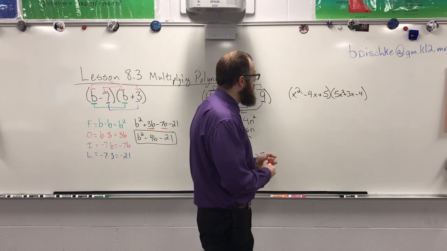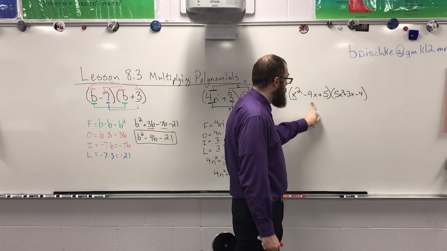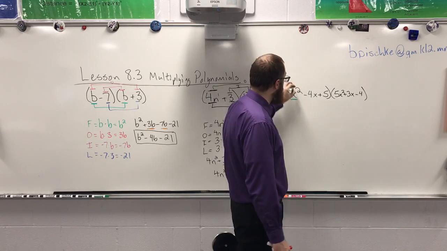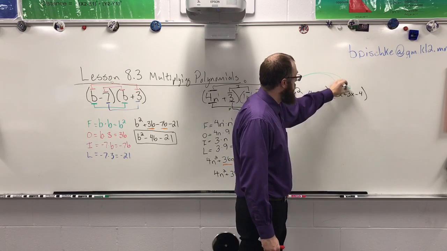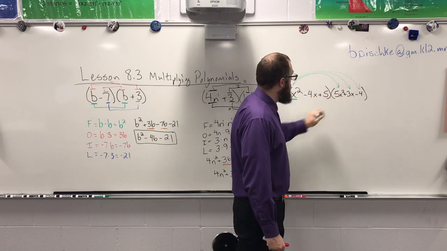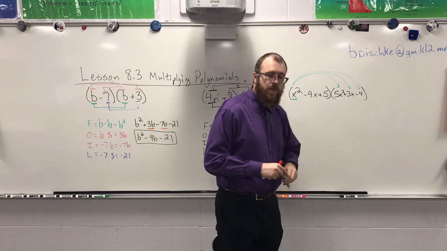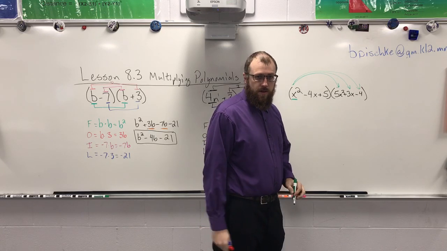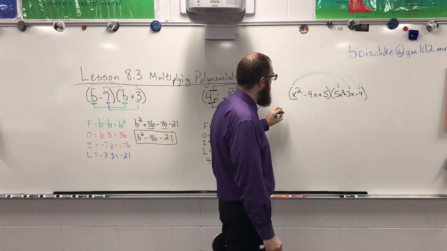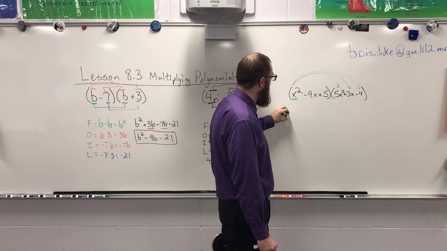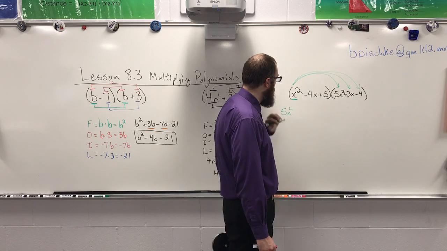We're going to take each of the terms from the first trinomial, and distribute them through the second trinomial. So that x squared is going through that whole trinomial. Let's work there. x squared times 5x squared is 5x to the 2 plus 2, which is 4.